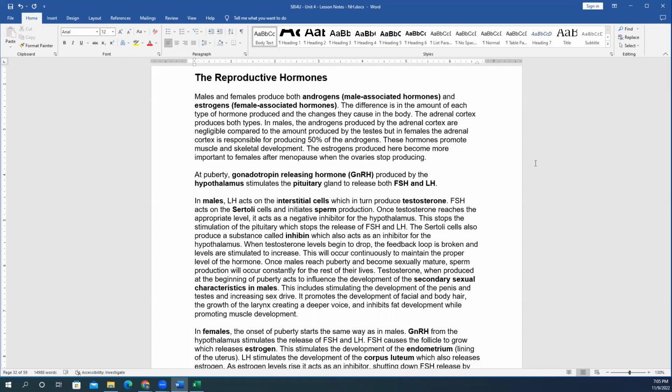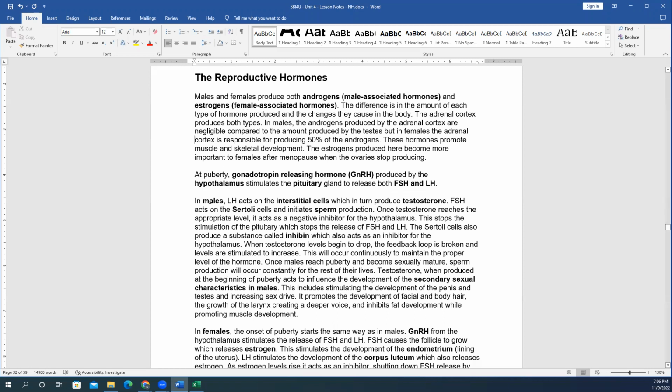But at the time of puberty, there's a hormone called gonadotropin-releasing hormone, or GnRH. This hormone gets produced by the hypothalamus and then goes to stimulate the pituitary gland to release both the follicle-stimulating hormone and the luteinizing hormone. We talked about these earlier on, how they are released by the pituitary gland.